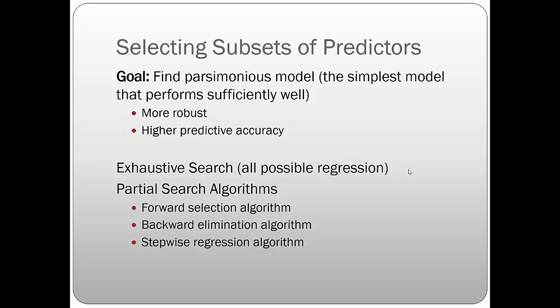Now backward elimination does the same process in reverse. You start out with all the variables in, and then you remove one variable at a time and see which variable gives you the least reduction in R squared, and you throw that out. So now you have a model with one less variable, and then you do the process again.